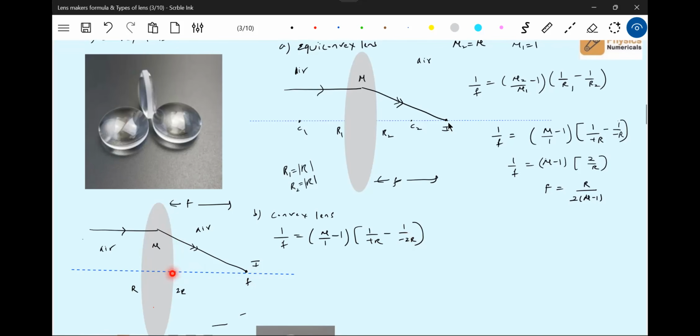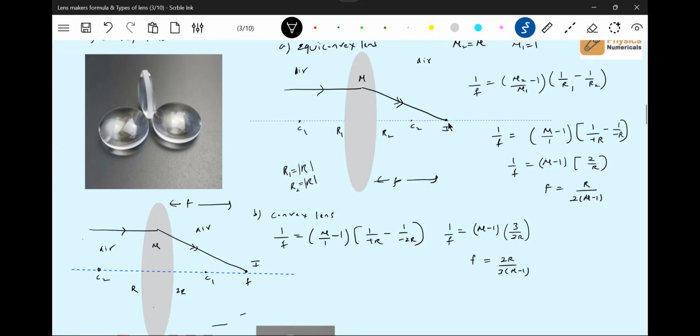Because this 2R is measured from the center of curvature of this surface. This is R, measured in the direction of the incident ray, and 2R is opposite to the incident ray. So this will become 3 by 2R, or F equals 2R by 3 into mu minus 1.